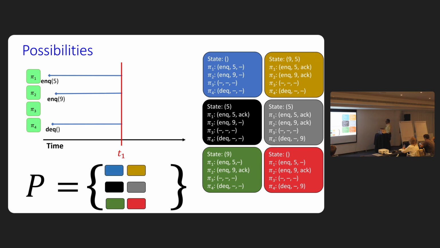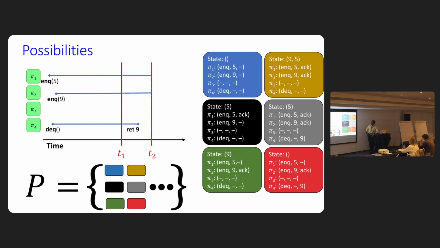So the possibility set currently, we showed 6 possibilities, and then there are more which we have not bothered to show. But whatever they are, that's the set of possibilities. So now, let's say we advance to a greater time t2. Okay?